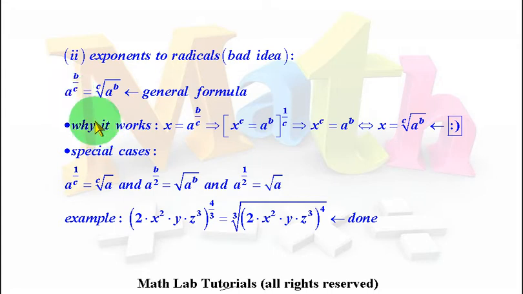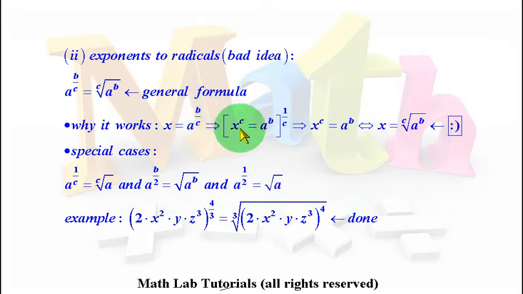On the left-hand side, if we let x be a to the power b over c, that implies that x to the power c equals a to the power b all to the power 1 over c. If you work this out, you get a to the power c dot 1 over c, which is x to the power 1. There it is. And of course, a to the power b dot 1 over c is a to the power b over c.